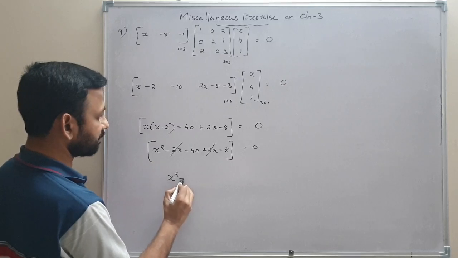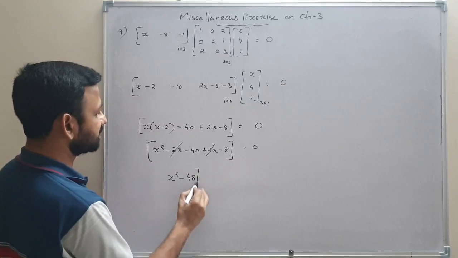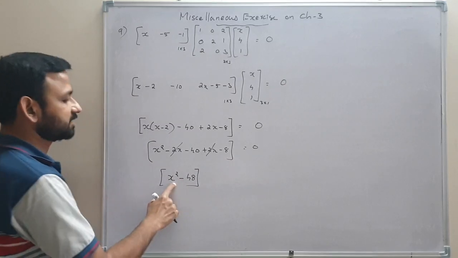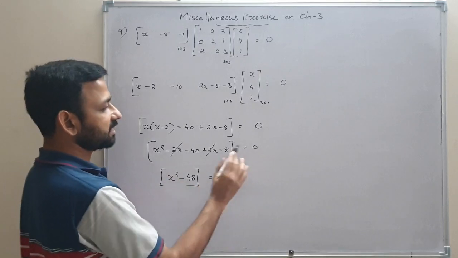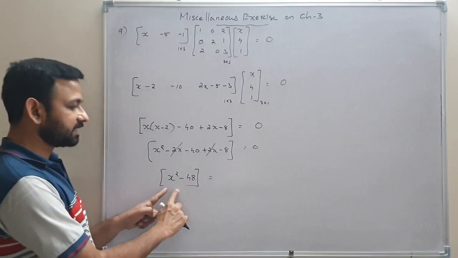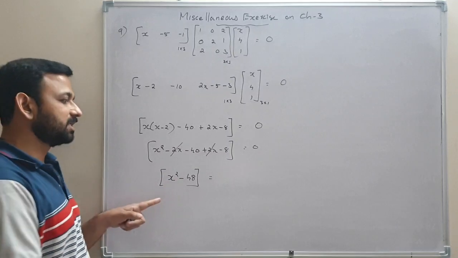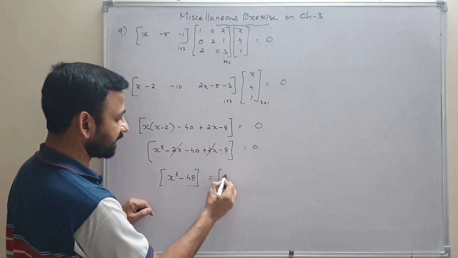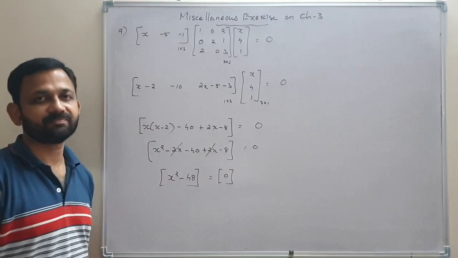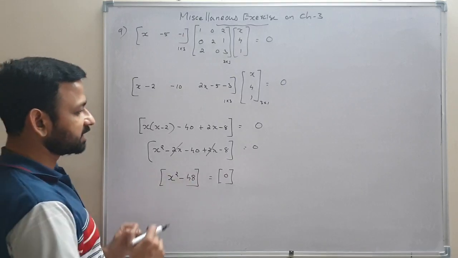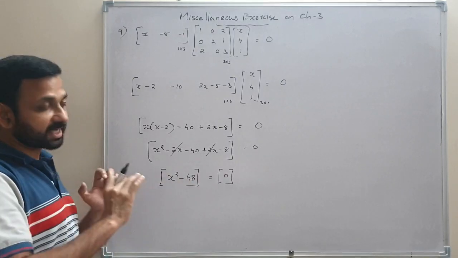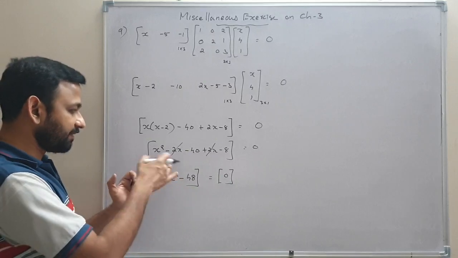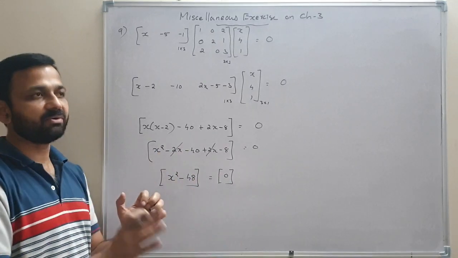So x square minus 48, that is the simplified form. X square minus 48, and this is a 0 matrix. Here the left side is a 1 by 1 matrix, so the right side matrix can be written like this, that is 0 matrix. Now these two matrices are equal, therefore the corresponding elements are equal. Left side we have one element, right side also we have one element.